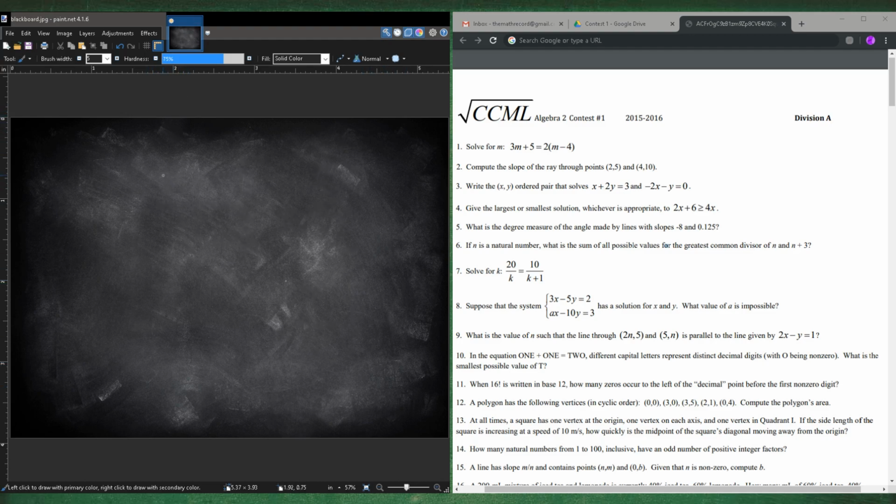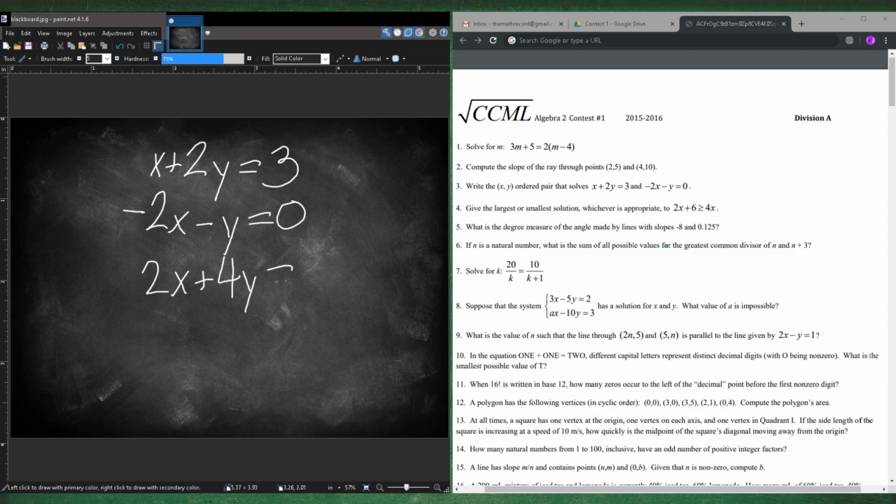Okay. Number 3, write the ordered pair that solves x plus 2y is equal to 3 and negative 2x minus y is equal to 0. So x plus 2y equal to 3, and negative 2x minus y is equal to 0. Okay, multiply the first equation by 2, so you get 2x plus 4y equal to 3.